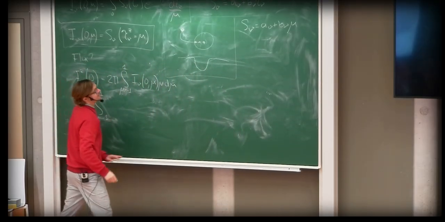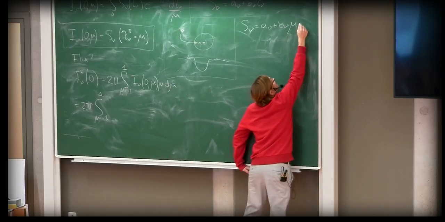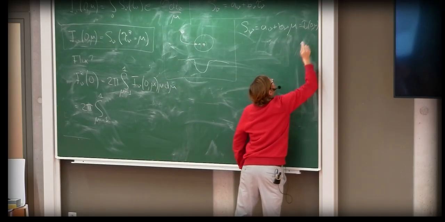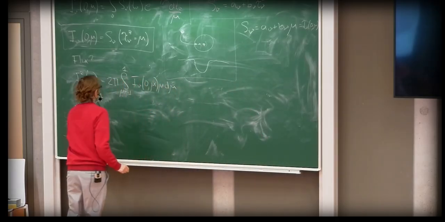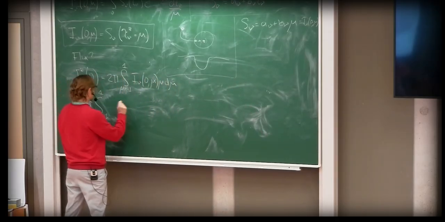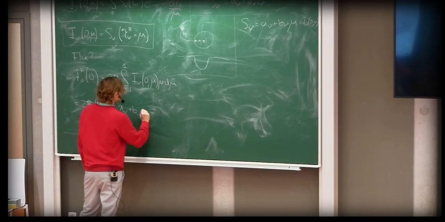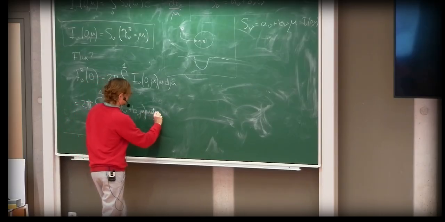That was then our I nu of 0 mu. So we had A nu plus B nu mu, mu dmu.